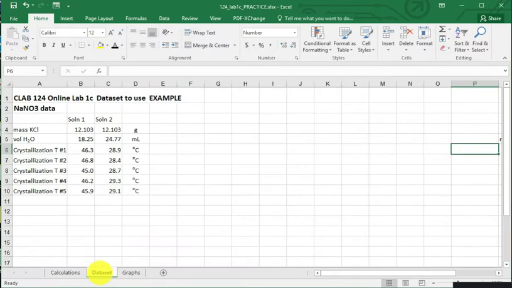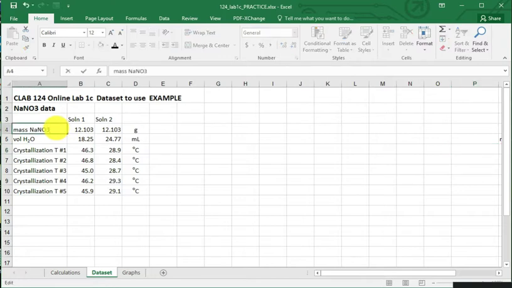Let's look over at the data set that I created for this example. So you have a similar data set. You have what the solution was made up of, how many grams of, actually it wouldn't be KCl, it would be NaNO3, and how many milliliters of water.